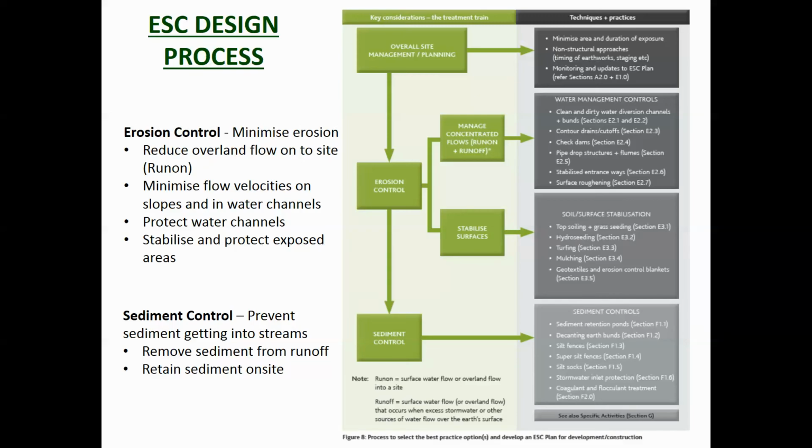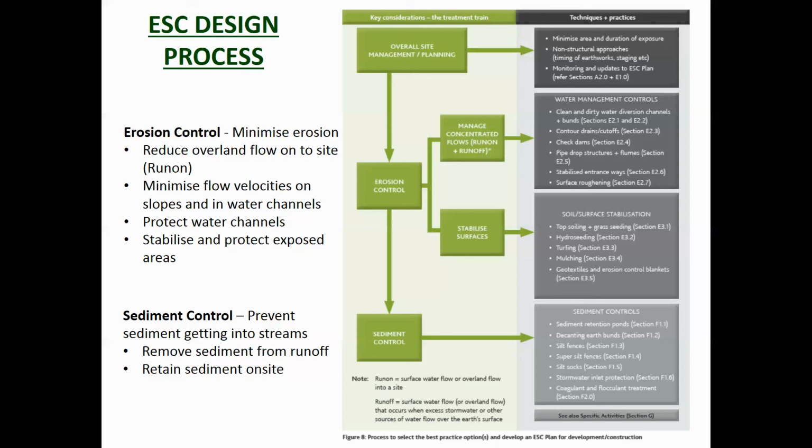What we're going to look at in the next few videos is this design process. As I said, it's a two-step thing, and it's not either or. You do this one and then you do that one. So it's erosion control, minimize the erosion, and there's several ways of doing it: minimize overland flow, minimize flow velocities, protect the water channels, and stabilize and protect as soon as you can. And the second one there is sediment control.